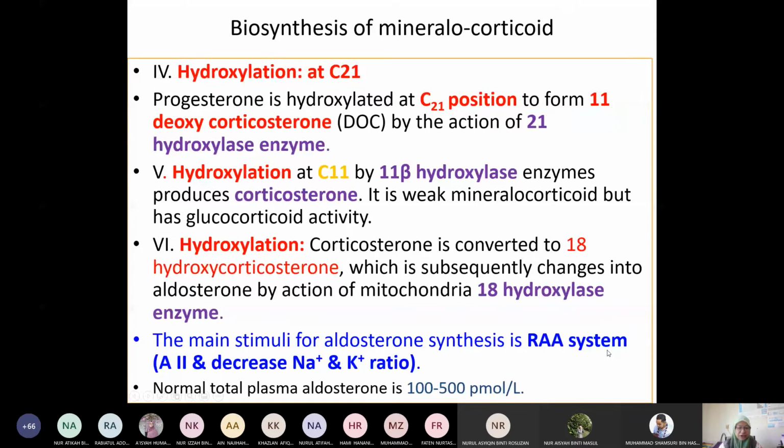So the main stimuli, as I mentioned earlier, the renin-angiotensin-aldosterone system is very important. Actually, when your sodium potassium ratio in the plasma decreases, the hormone angiotensin 2, which is an octapeptide, is produced from angiotensin 1 by the enzyme angiotensin converting enzyme, right?